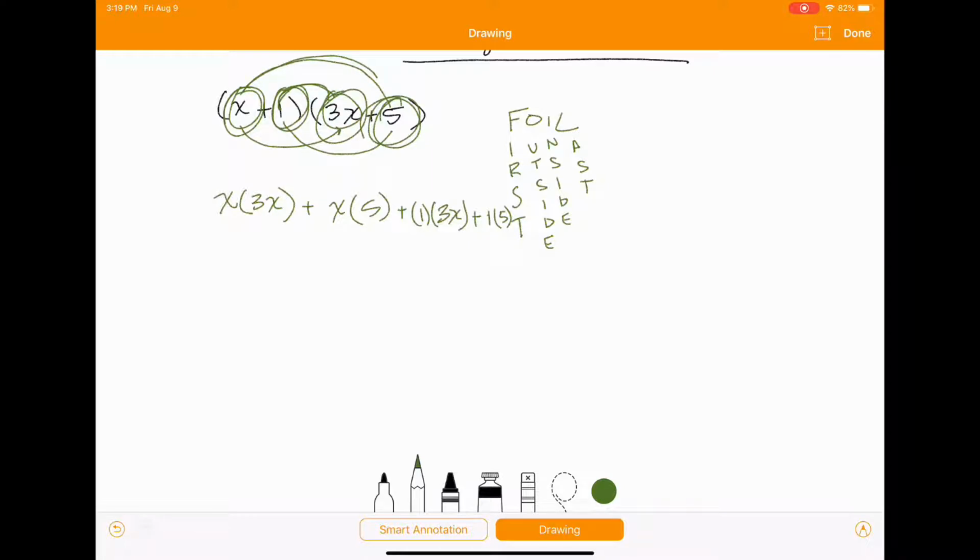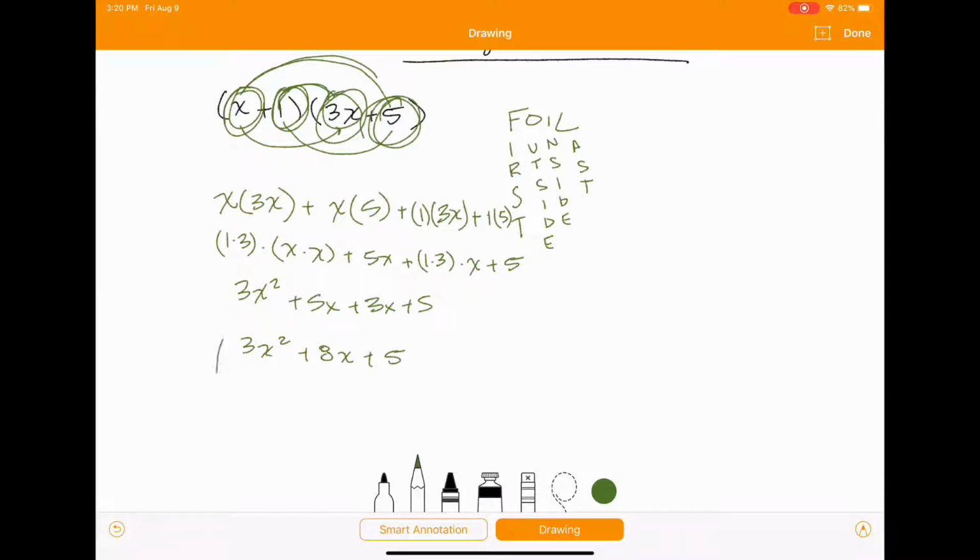So we're going to get 1 times 3 times x plus 5x plus 1 times 3 times x plus 5. So we're going to get 3x squared plus 5x plus 3x plus 5, which is 3x squared plus 8x plus 5 after you combine your like terms. And that's the answer you'd get after foiling.